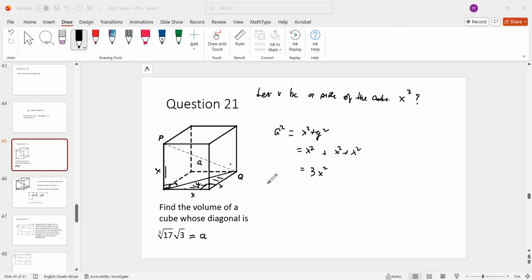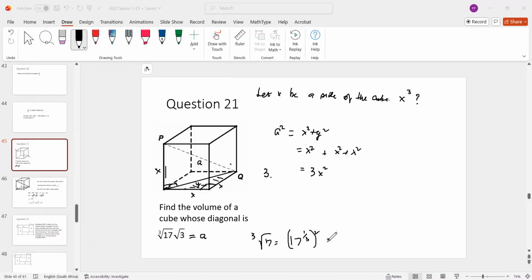Now, I got A squared on the left-hand side. Now, let me square this thing. If I square root 3, I get 3. And if I square cube root of 17, that is 17 to the power of 1/3. Right? So I'm going to square that one.